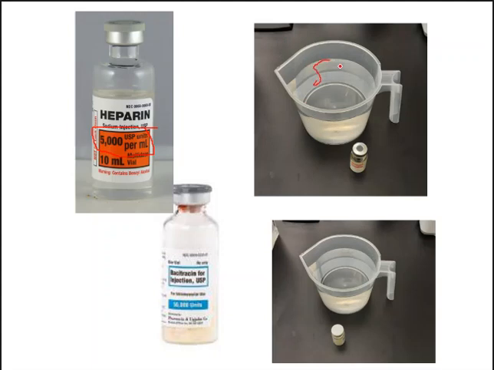So here we've got 500 milliliters, and we take 1 milliliter of this 5,000 units, so that'd be 5,000 units of heparin.